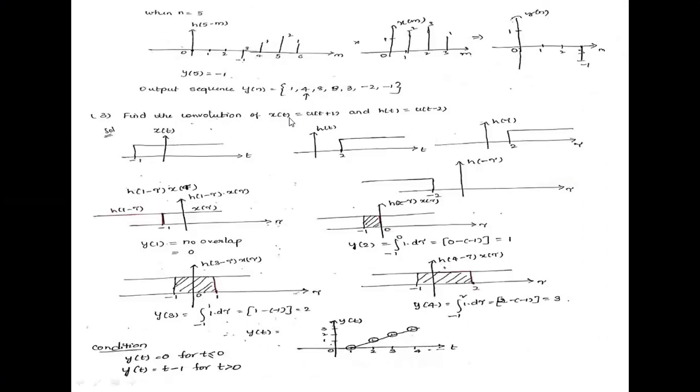So find the convolution of x of t given as u of t plus 1 and h of t as u of t minus 2. Using these values, u of t plus 1 and u of t minus 2, I will explain here.